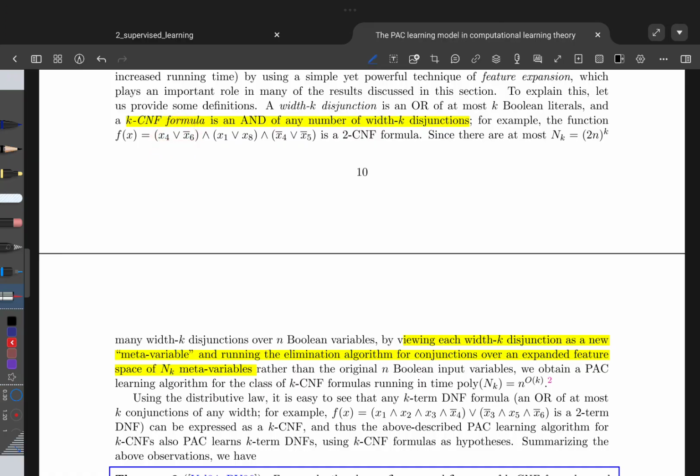Right? So let's take one particular term. How many possible ways are there of generating one of these terms?